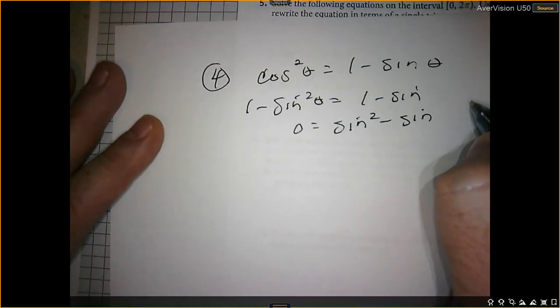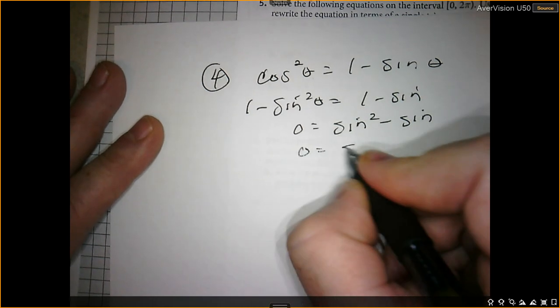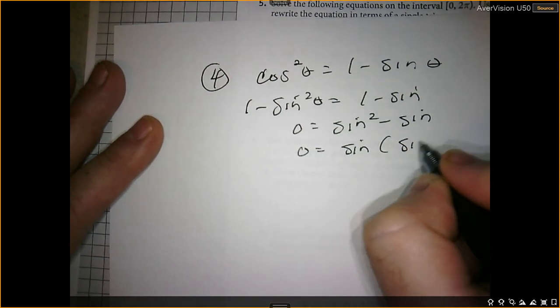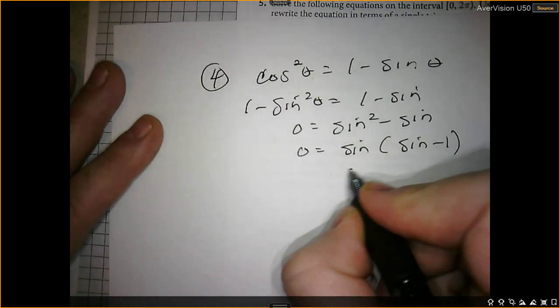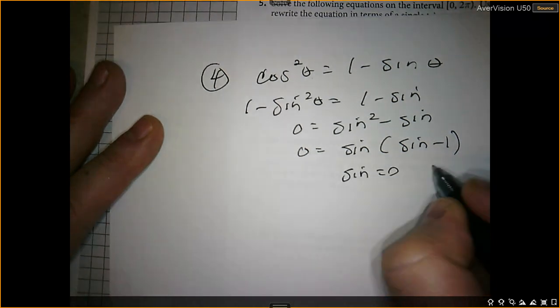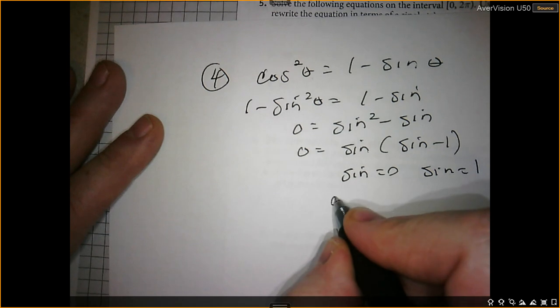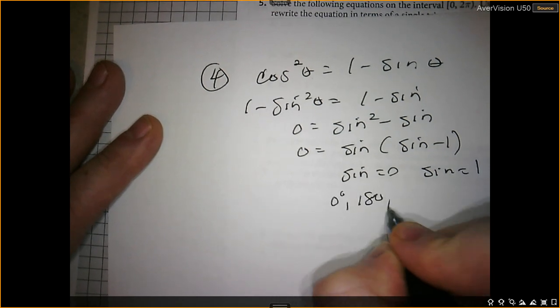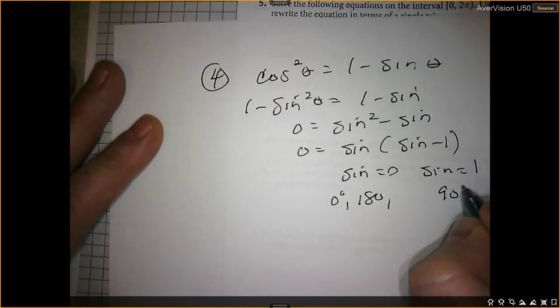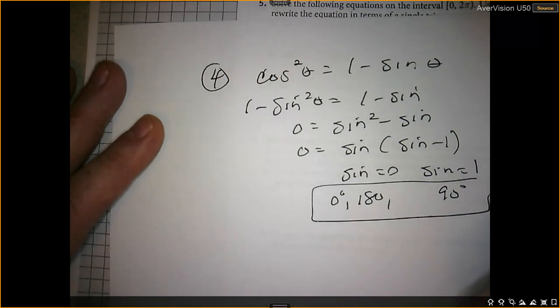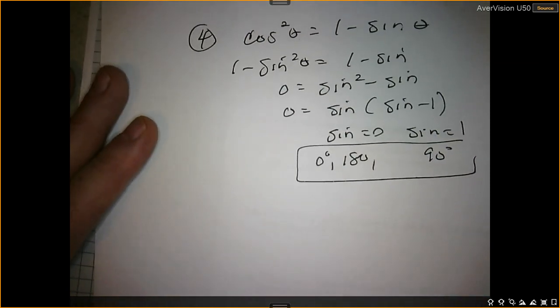Put everything on one side, take the GCF out, and I'm left with sine times sine minus 1. So where does sine equal 0 and sine equal 1? Sine equals 0 at 0 degrees and 180, and sine equals 1 at 90. So just more practice solving trig equations.